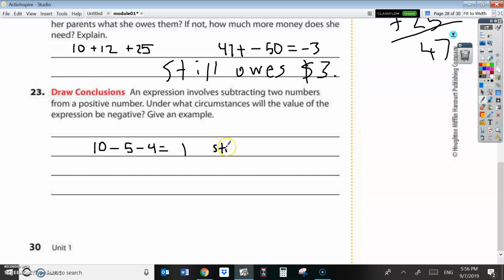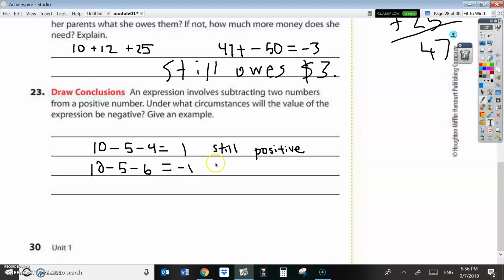That's not going to work. But what if we did 10 minus 5 minus 6? That would equal negative 1.